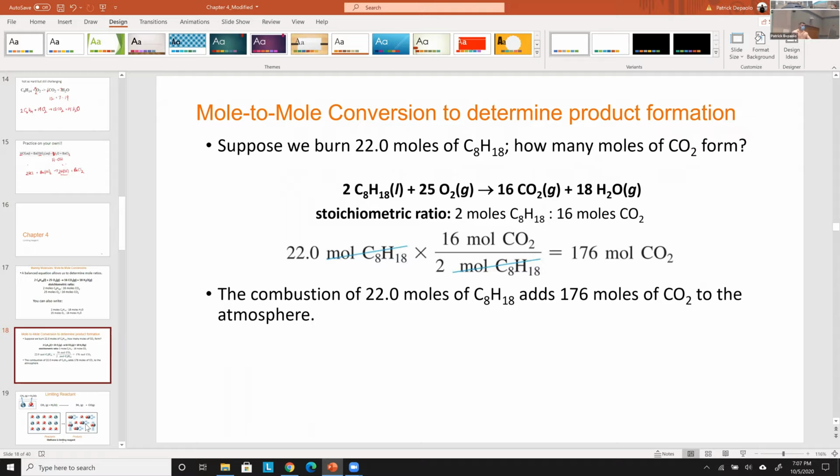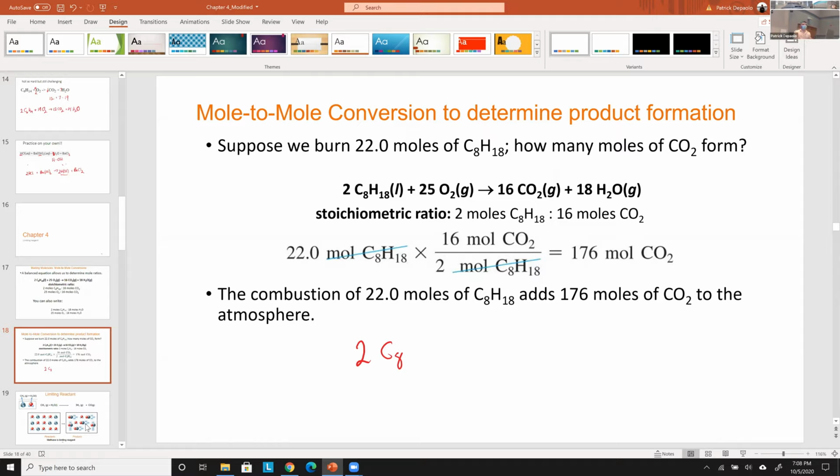So if, for example, we burn 22 moles of this octane, how many moles of CO2 form? So the ratio is 2 to 16. There are different ways to set this up, but I think about it very logically and very slowly.